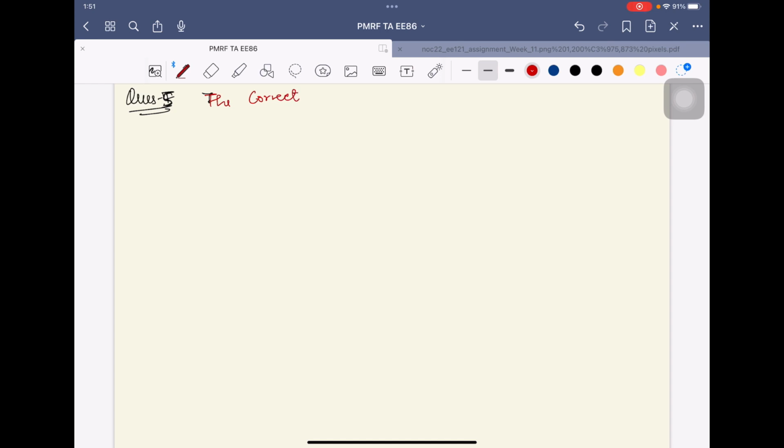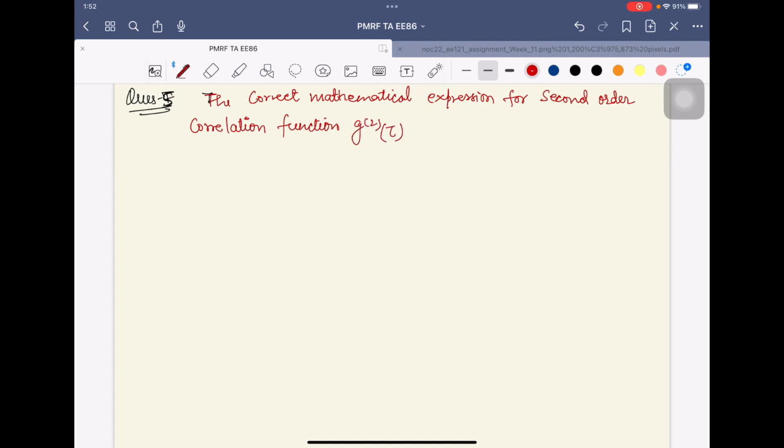The correct mathematical expression for the second order correlation function G2 tau is?